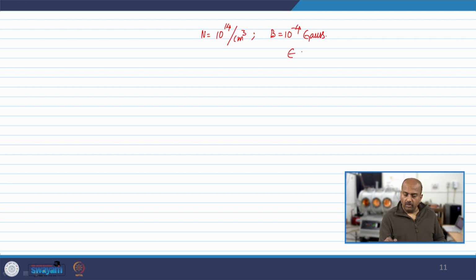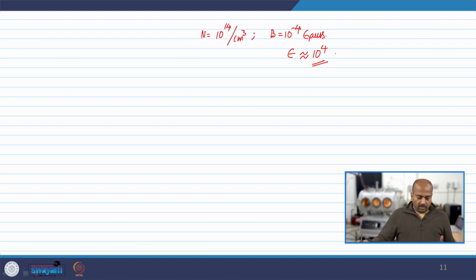So, for plasma, let us say we have a typical plasma with number density of 10 to the power of 14 per centimeter cube and a magnetic field of 10 to the power of minus 4 Gauss, then the value of epsilon will be approximately of the order of 10 to the power of 4, which means the dielectric constant of plasma can be very, very high.